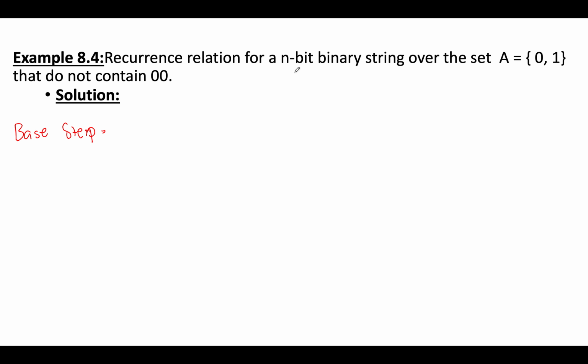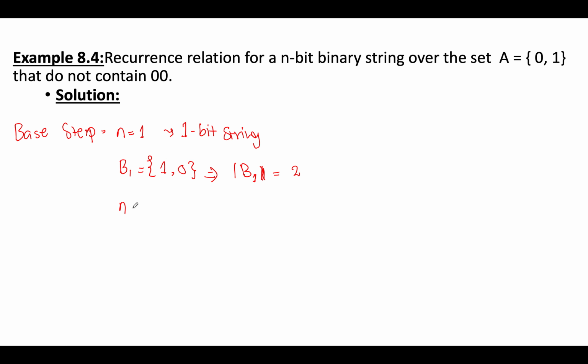If we say n is equal to 1, which means a 1-bit string, then my set will contain only either 1 or 0. And if you notice here, the number of values in my set is equal to 2.